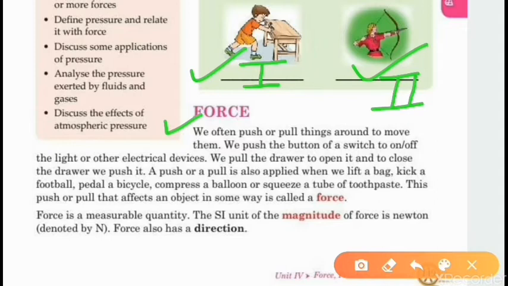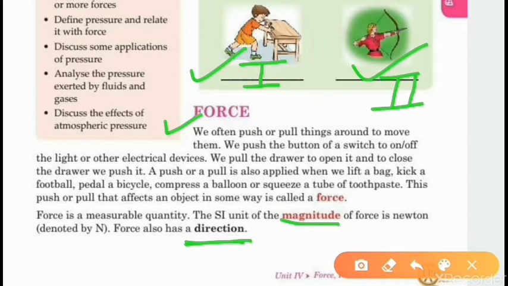It is denoted by capital N, and force is a vector quantity. Vector means it has direction also. Anything which has magnitude plus direction is a vector quantity. So that we have discussed. Now, what is a vector quantity? A vector quantity is one which has magnitude.